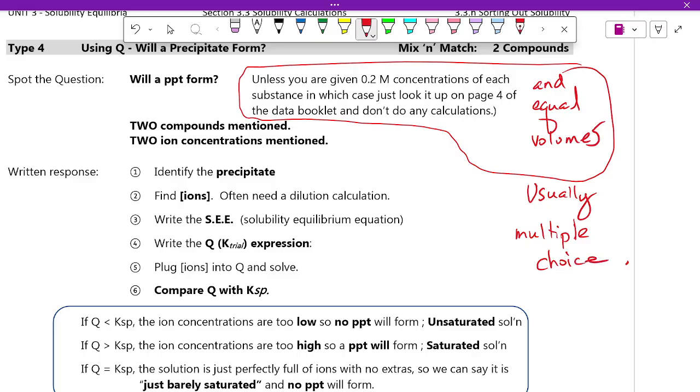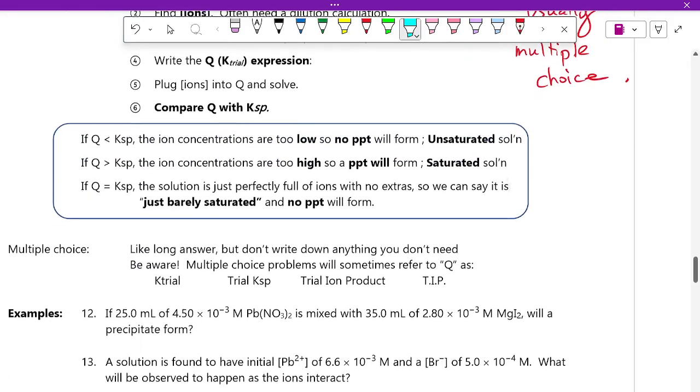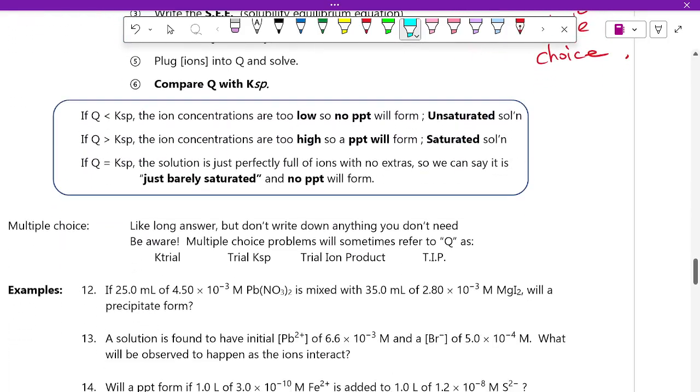Identify the precipitate, find the ions, write the SEE, write the Q, plug the ions into Q, and solve. So you might be given two compounds, or you might be given two ion concentrations. Either way, you'll just have to say, will a precipitate form? Multiple choice, be aware.